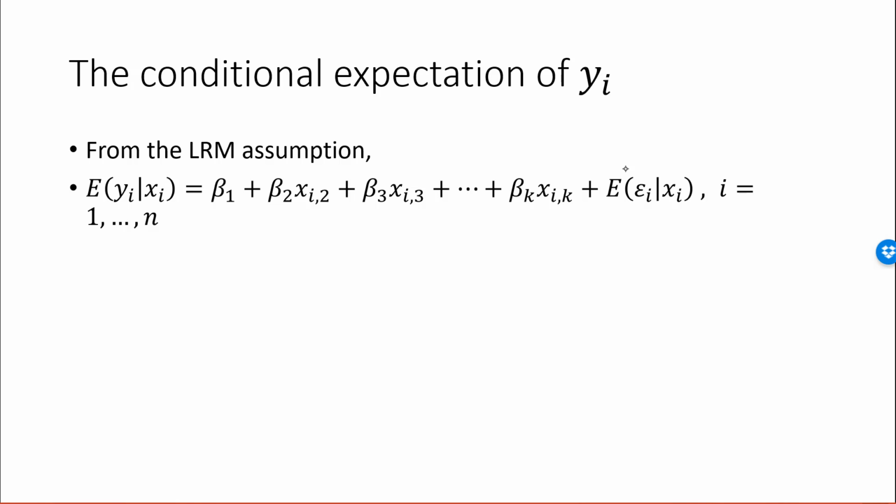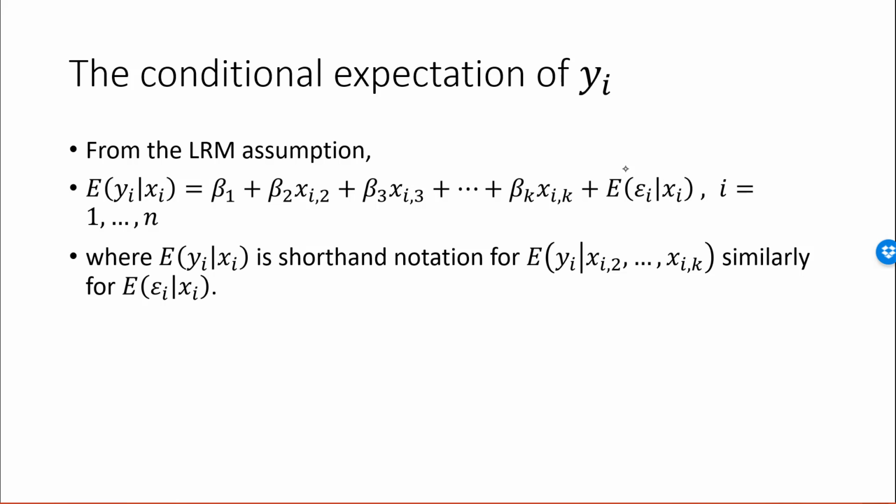When you read this, I think it's a good idea to have the notes for the linear regression model with one variable next to you so you can see the differences, and in particular see that the differences are very, very minor. As we pointed out, this expected value of yi conditional on xi is just shorthand notation for conditioning on all of the explanatory variables. It's just messy to write out all the explanatory variables, so it's nicer to write it like this.